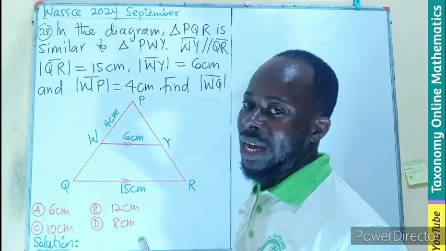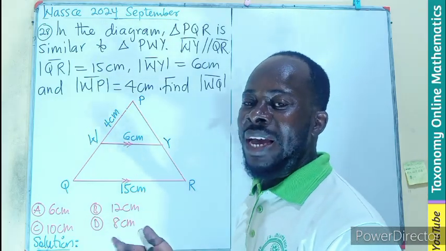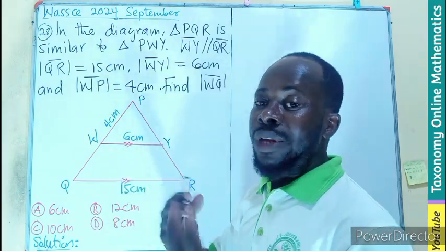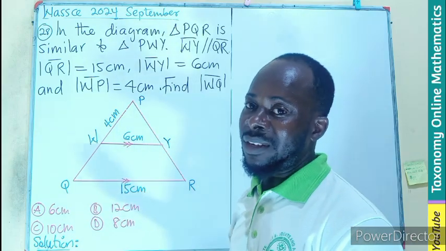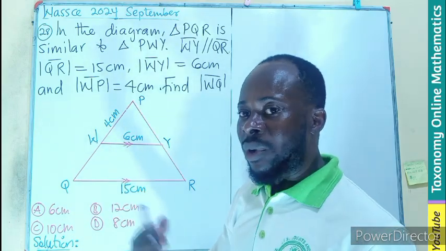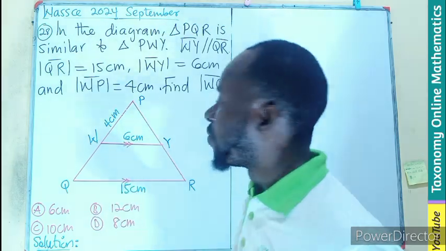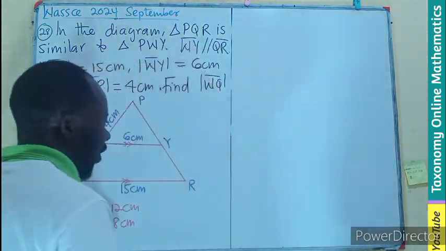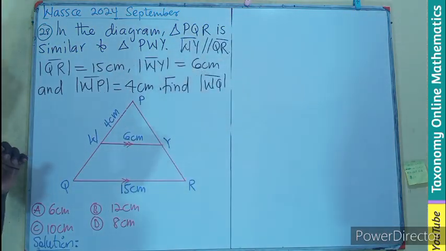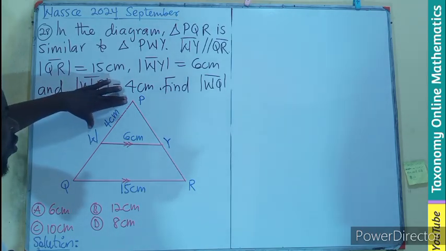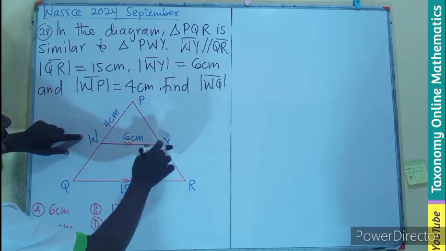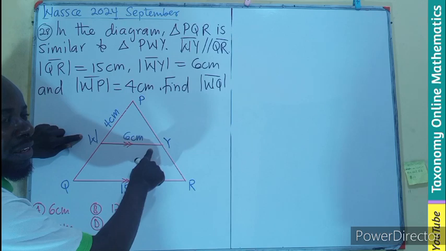So for similar triangles, we can find the ratios of their corresponding sides. The ratio of their corresponding sides is going to be equal; better still, we look for the scale factor used to transform one to the other. Now, using triangle PWY, this is the horizontal side, right?